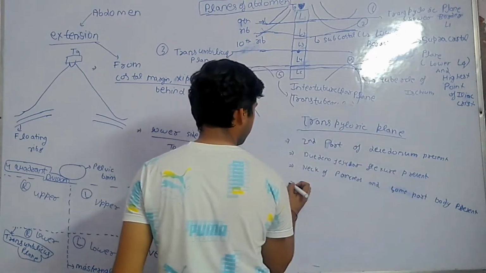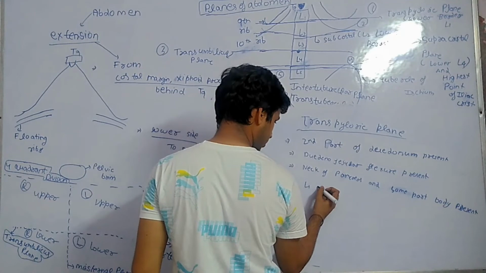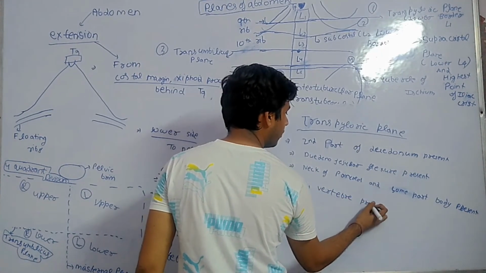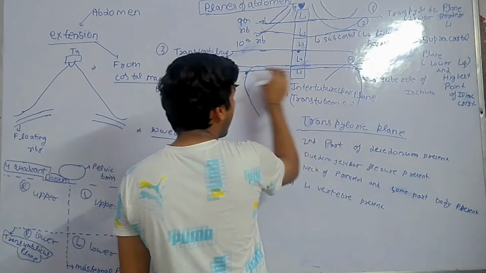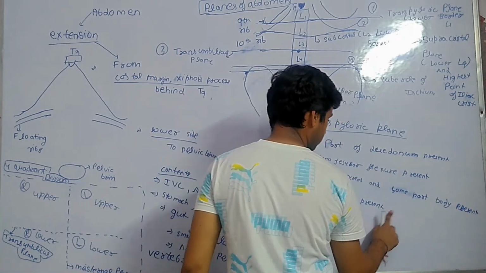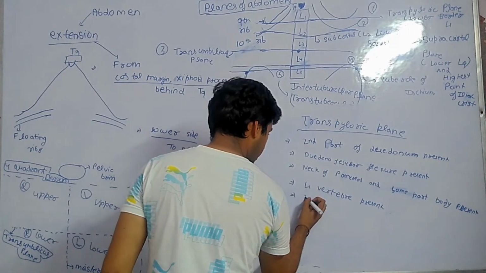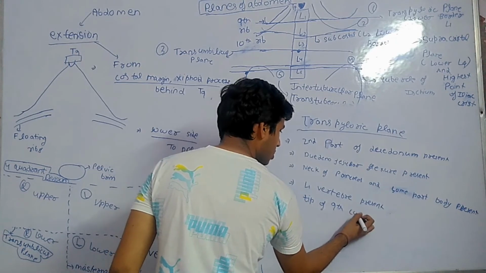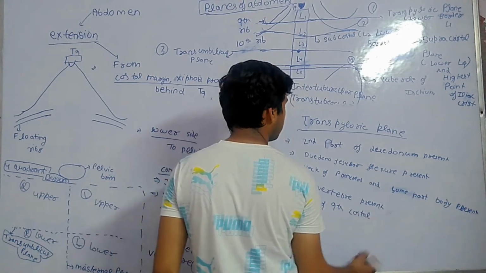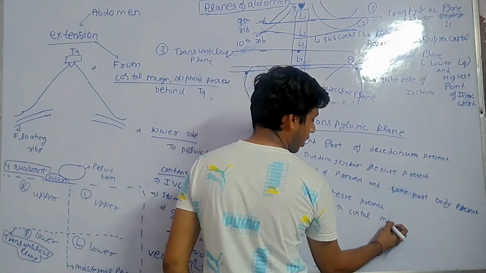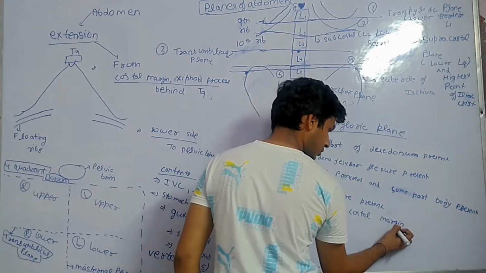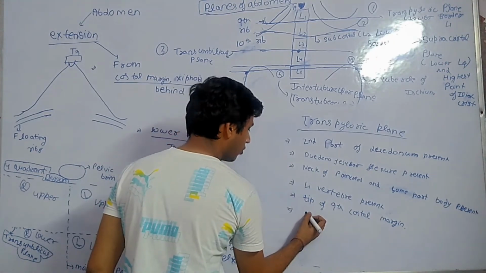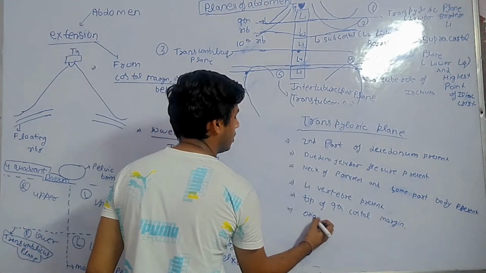Here is the L1 vertebra, and the tip of the 9th costal cartilage, the 9th costal margin. Then some vessels: the formation or origin of the portal vein.